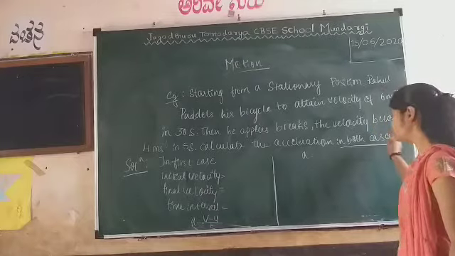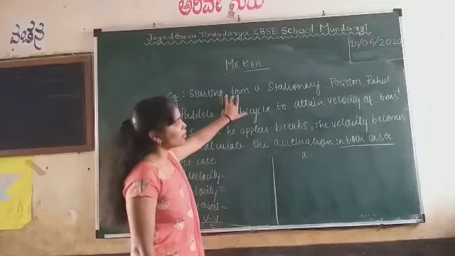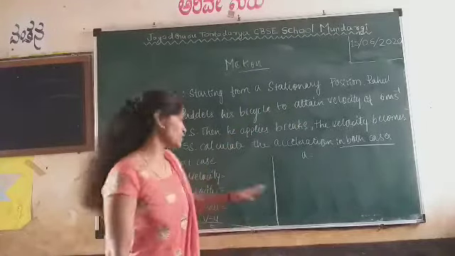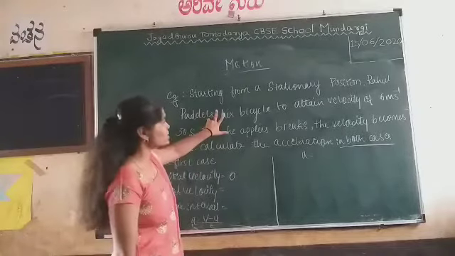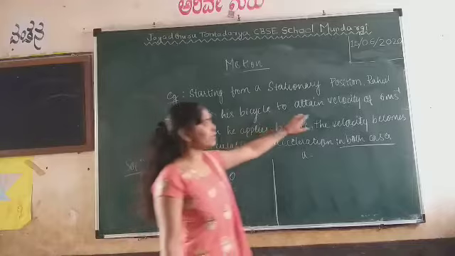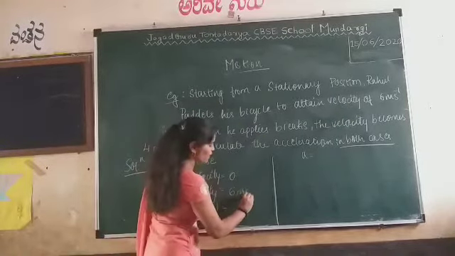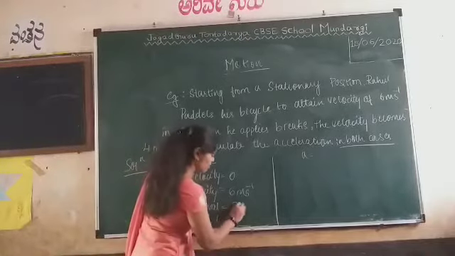They mention both cases because at the start the cycle is in a stationary position. So the initial velocity in the first case is 0, and when he starts to pedal his bicycle, it attains a velocity of 6 meter per second. That is the final velocity in the first case, and the time interval is 30 seconds.